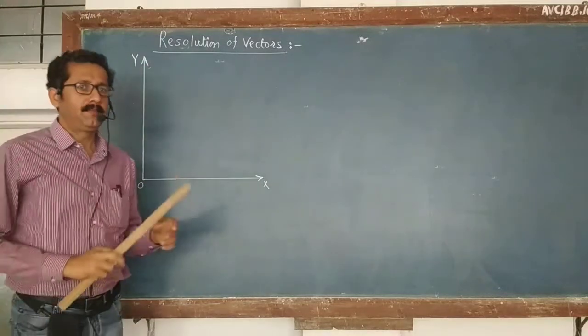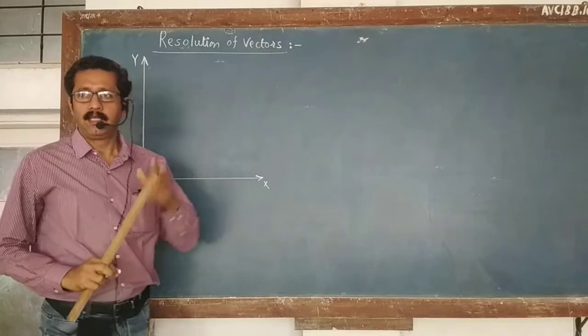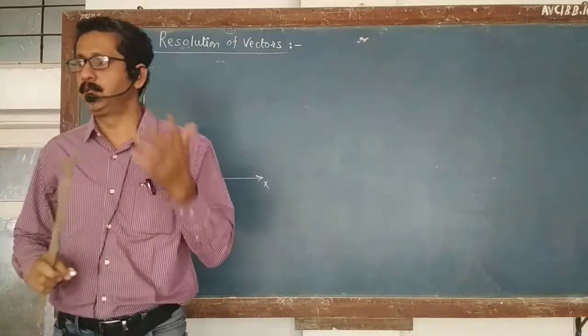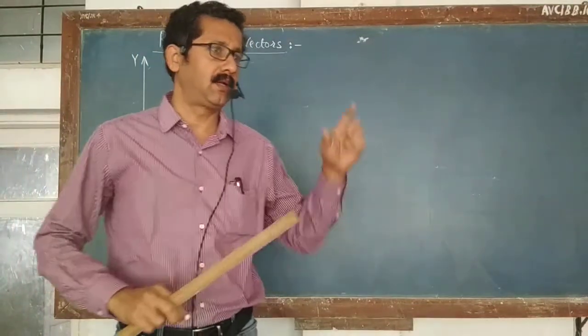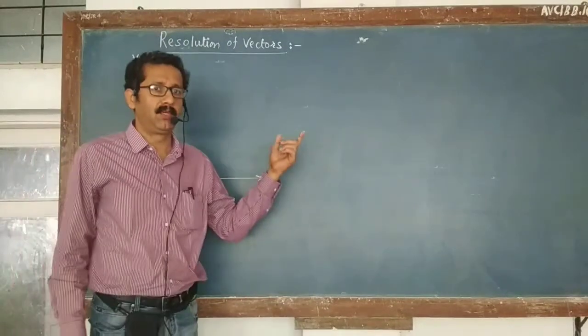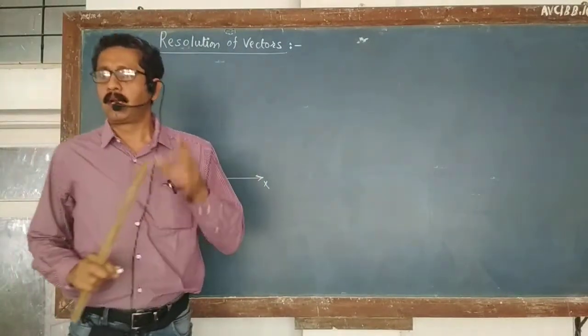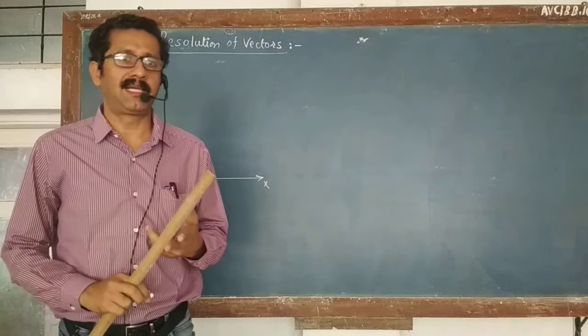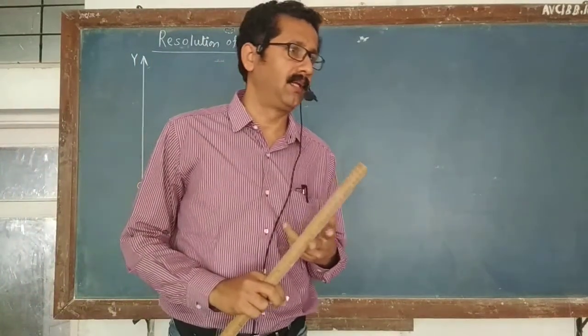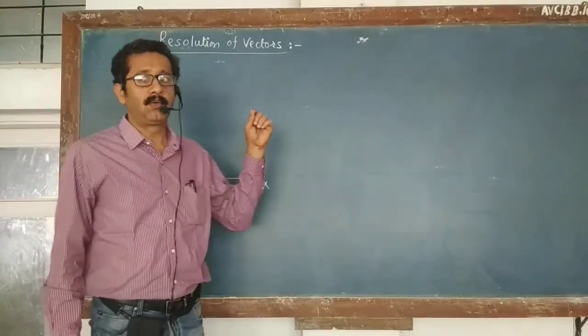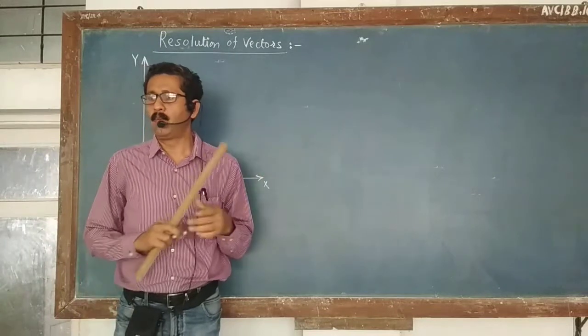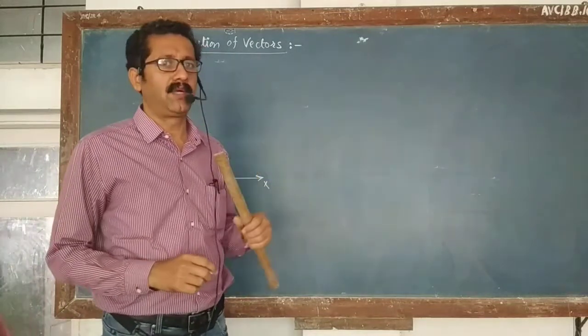Now listen to what I say. Earlier in the previous videos, which you must have seen in our video lectures and even in our simulations, in the first and second video of this chapter on vectors or mathematical methods, I have spoken about unit vectors. Now what exactly is meant by a unit vector?